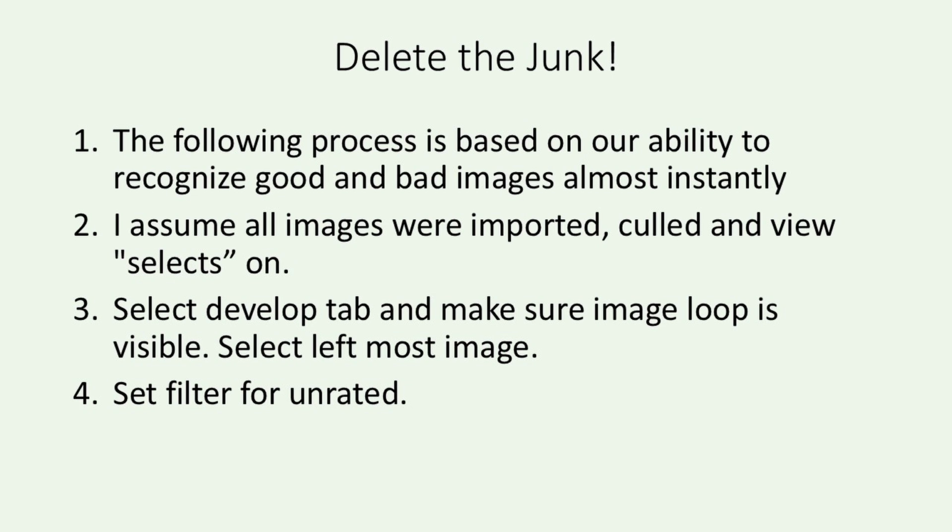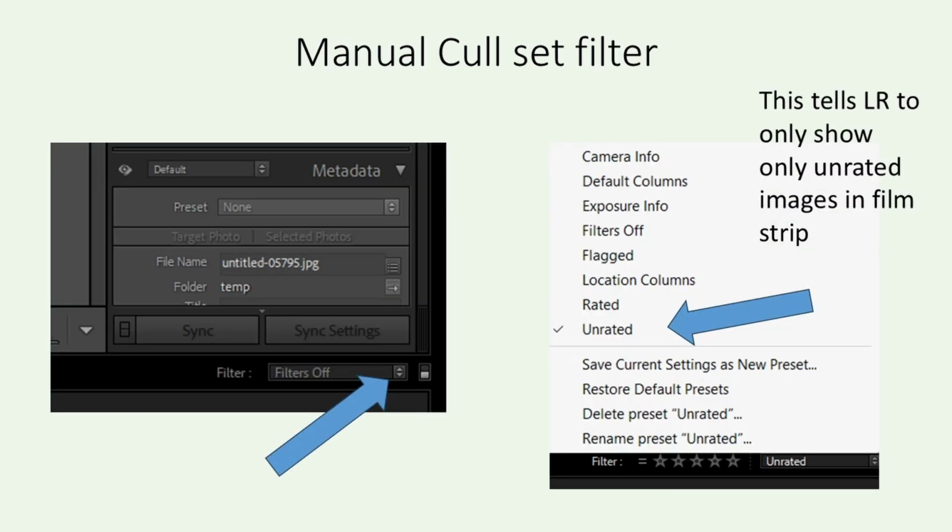Going to go over on the top to the Develop tab and make sure the image loop is visible. Go over and select left image. Now you're going to set your filter down on the bottom right for unrated.